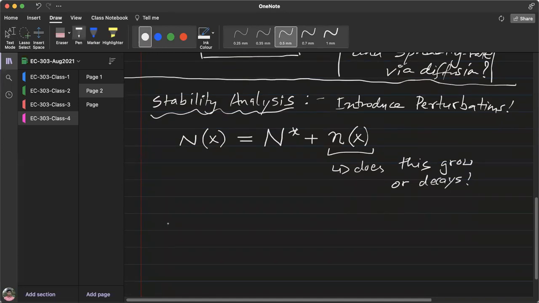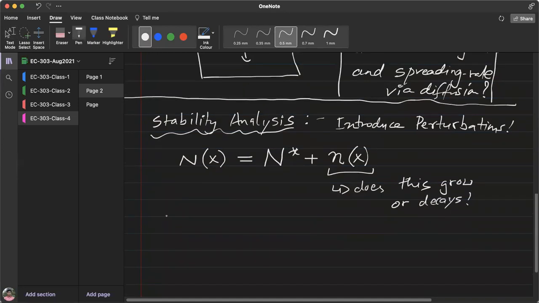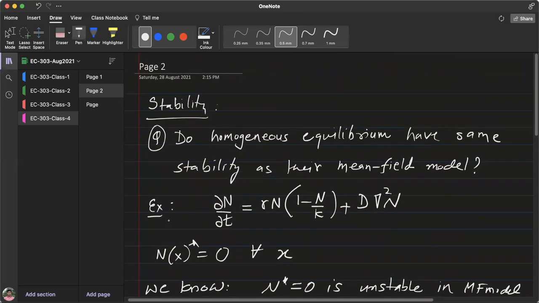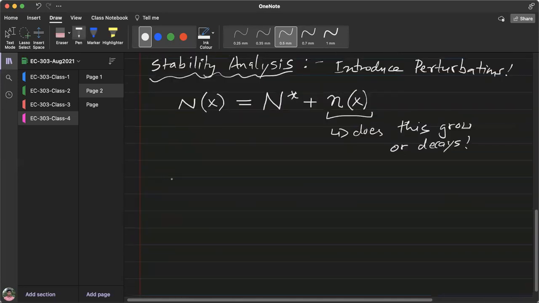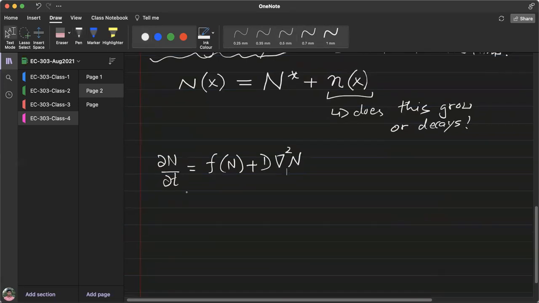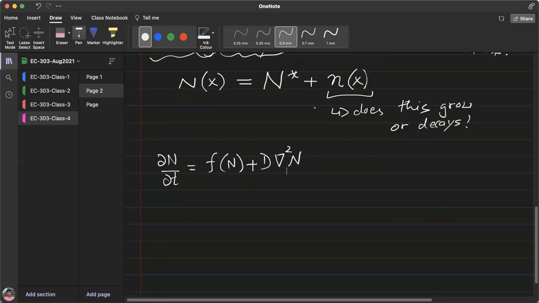Okay, so now let us go back to this equation, the general equation. Looking at the general equation, which is ∂n/∂t is equal to f of n plus D del square of n. For each of the terms here, let us plug this in.